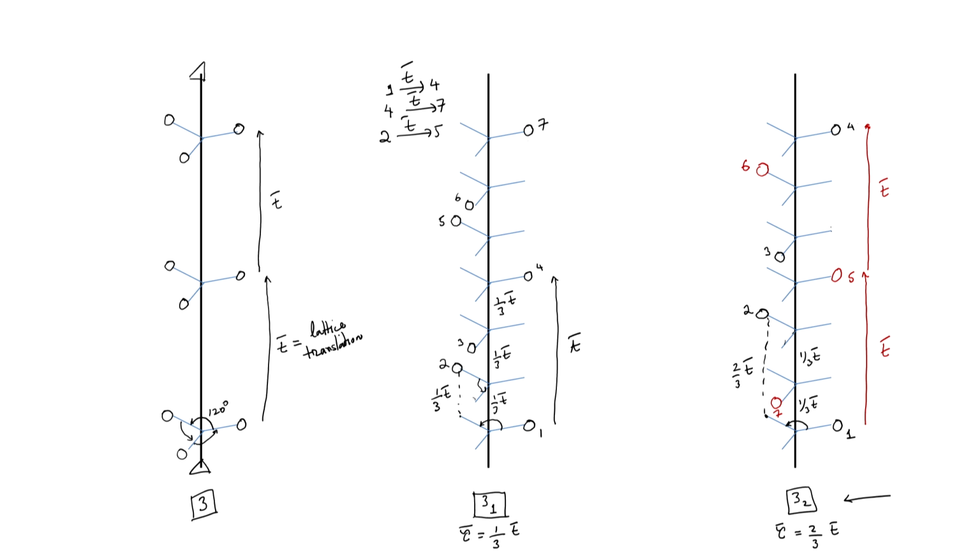If I look at 3 sub 2, let me look at it in the reverse manner. How do I go from 4 to 6? Going from 4 to 6, how to do this is rotate in the same way 120 degrees and translate by minus 1/3 times T.